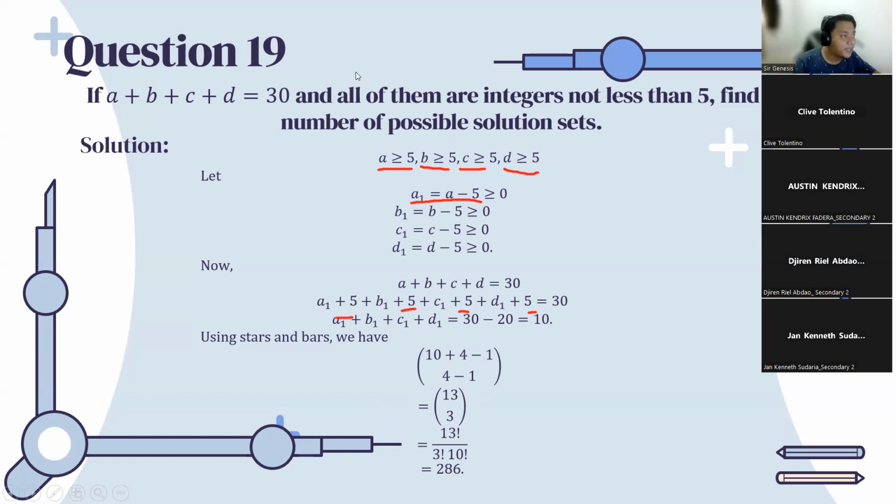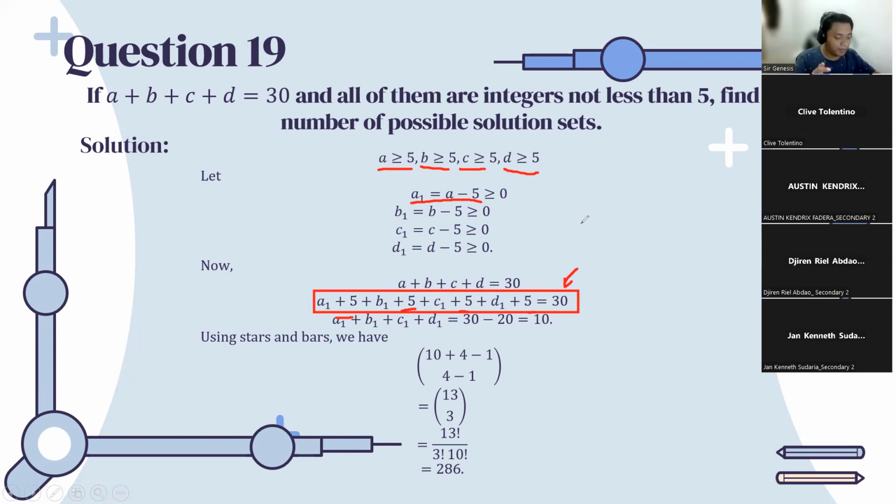Okay, now here is where the idea for the convention starts. If you look closely, for the value 30 on the right-hand side, you're actually subtracting 5 from each of the containers.